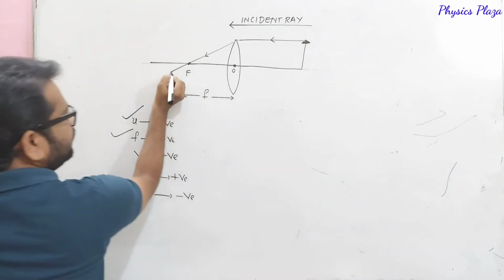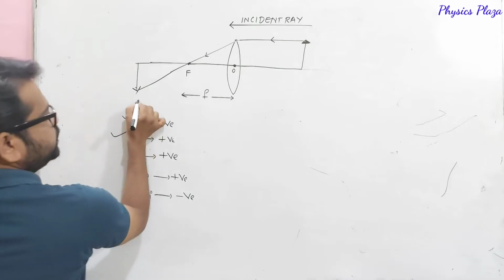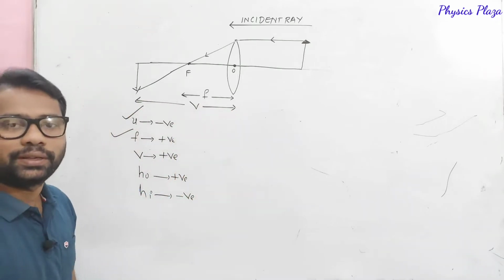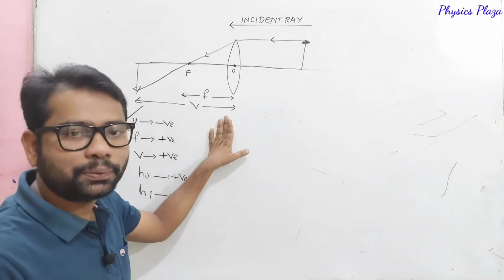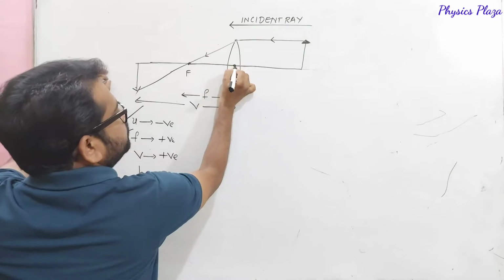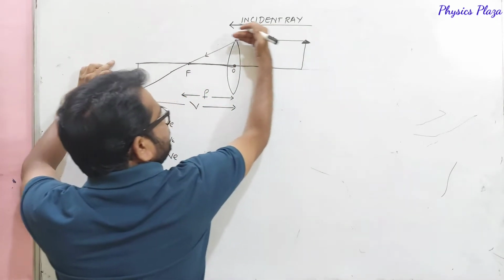Now look here, the image is formed here. So this is going to be the image distance. Is the image distance positive or negative? Children, again it must be measured from the optic center. From here, let us move towards the image position. Again we are going in the direction of the incident ray only.